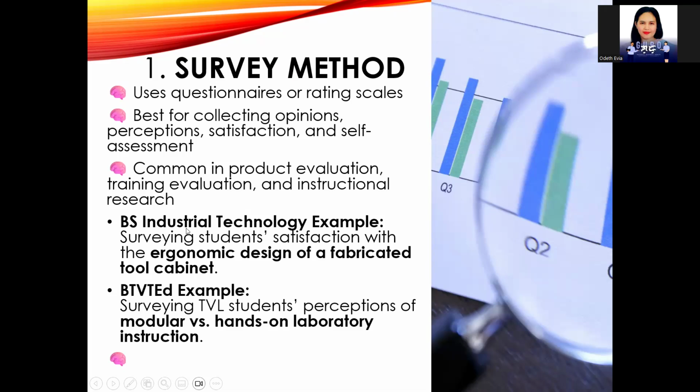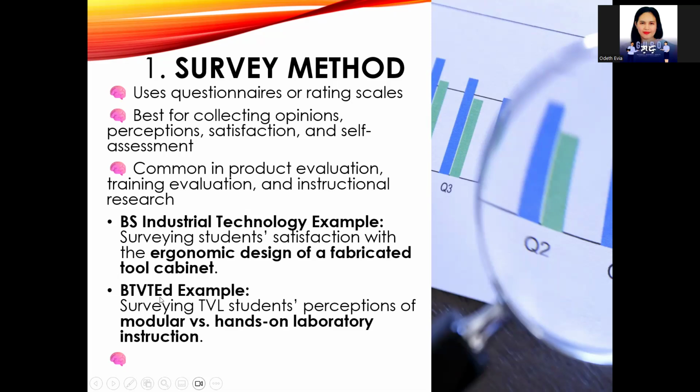So let's have this industrial technology example. Surveying students' satisfaction with the ergonomic design of a fabricated tool cabinet. Okay, so this is related to project development of the research of the industrial technology students.